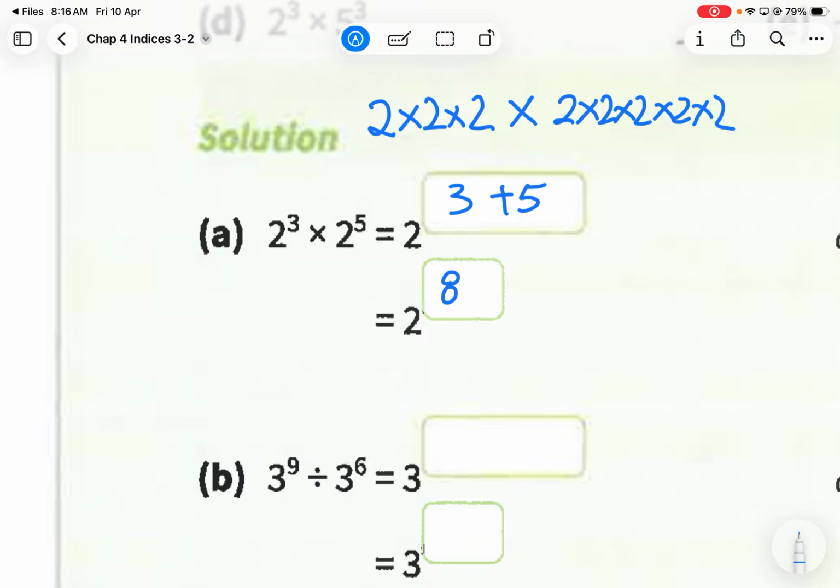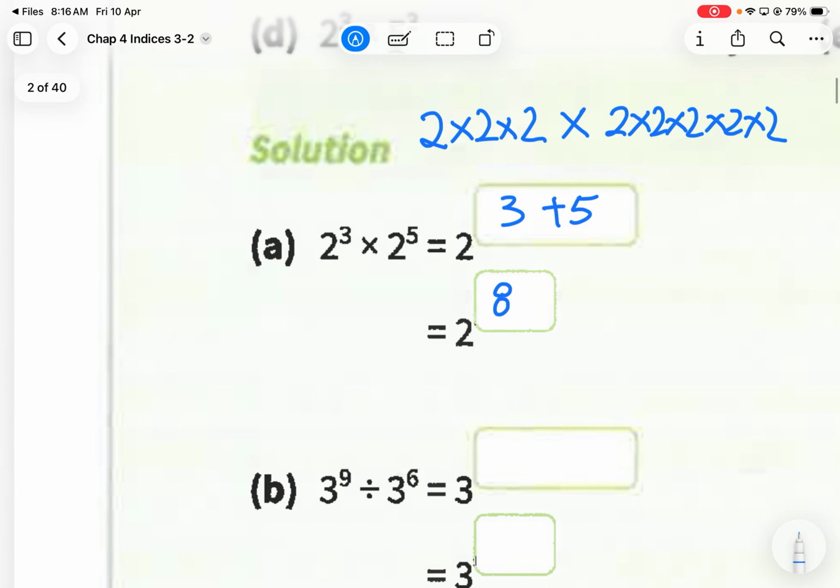Okay? So for all the laws, if you don't remember the law, you go and do something at the side. For example, I don't remember what to do with multiply. Then I go and use some small number and write it out at the side. 2 squared is 2 times 2. Multiply. 2 cubed is 2 times 2 times 2.